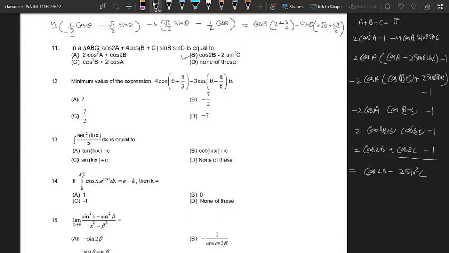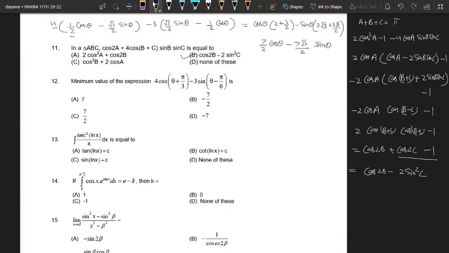Now we need to calculate the square root of a square plus b square. So this is 7 by 2 cos theta minus 7 root 3 by 2 sin theta.